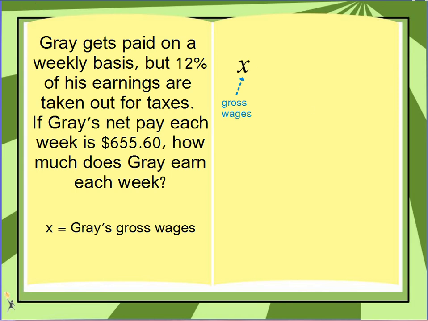Since the taxes are taken out of his paycheck, we're going to subtract 12% of his gross pay. So 0.12x gets subtracted from x. And then it says his total net pay, or his pay each week, is $655.60. Now we solve the equation.